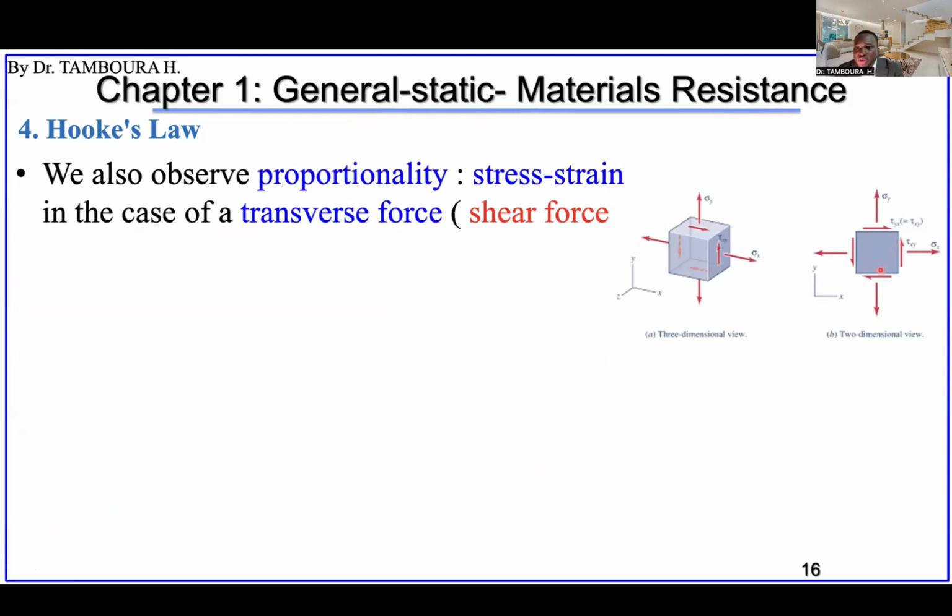Do you remember this? Shear forces, shear strength, shear stress. When the stress is tangent, when the force is tangent to the section, to the area, then we talk of shear stress. Okay.